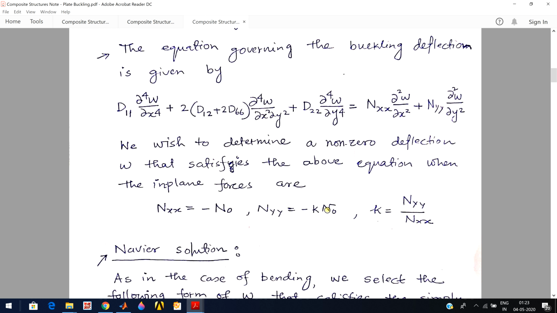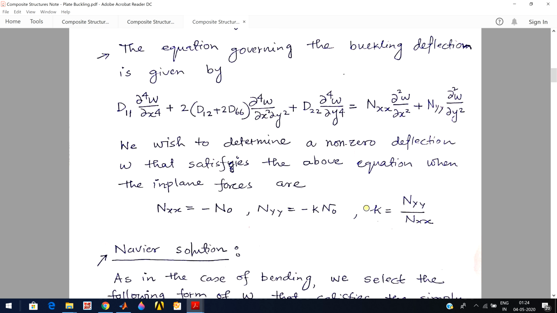That means the load in the y direction is always k times the load in the x direction. So that ratio remains the same. So as we increase the nxx, we also should increase the nyy with the same fraction as indicated by this k. So that you have to maintain always.